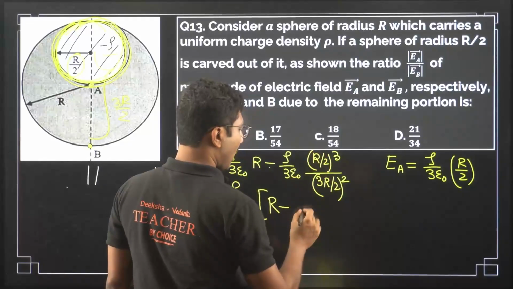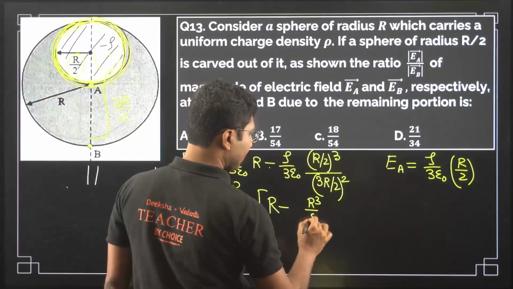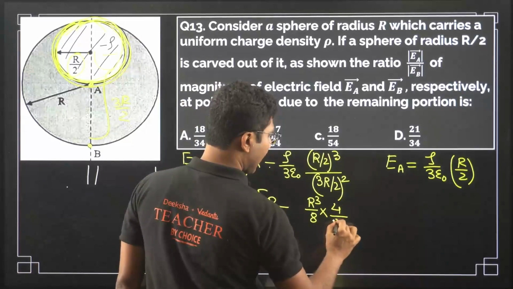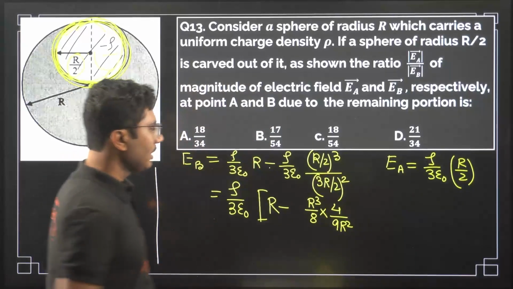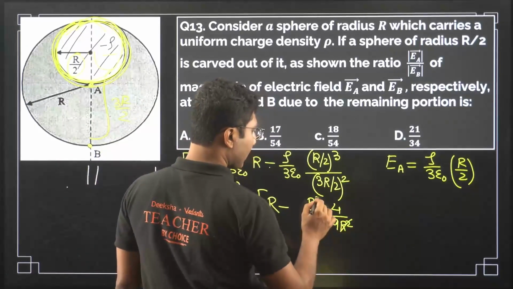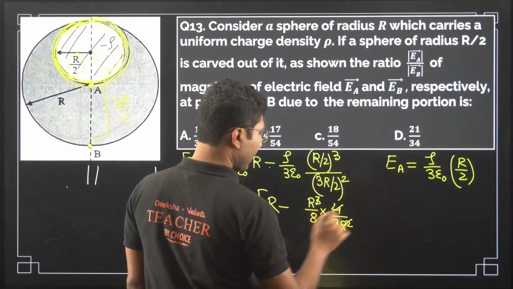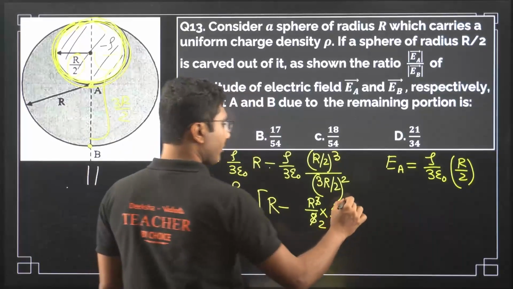Minus, so r cube by 8 into 4 by 9 r square, right? This one 4 by 9 r square. So r square and r cube, only one r is left, and here we have 1 and here we have 2. So what did we get?